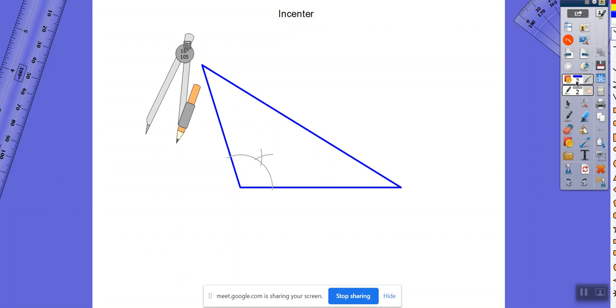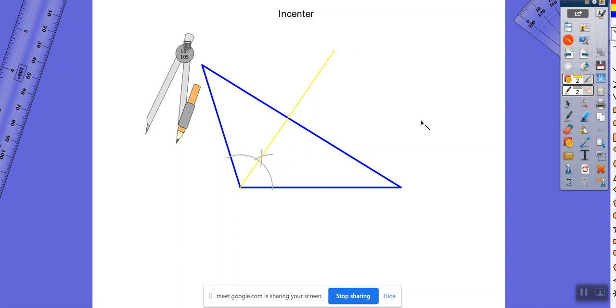And then I am going to create a line using my straight edge that goes from the vertex through the intersecting arcs. And I'm going to extend it.